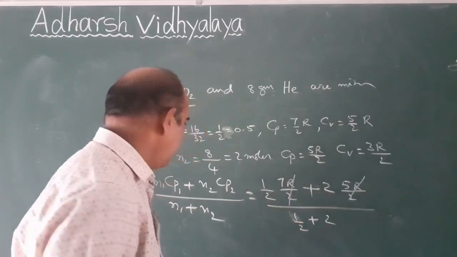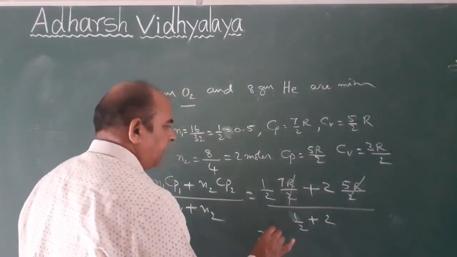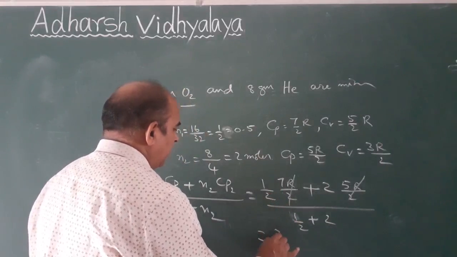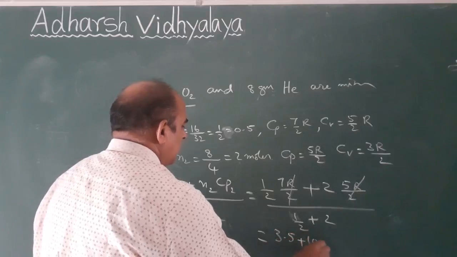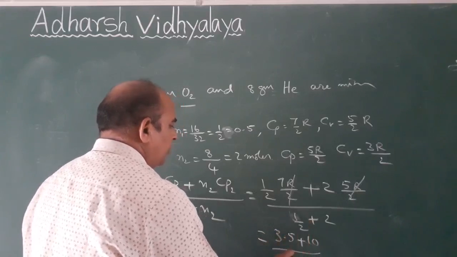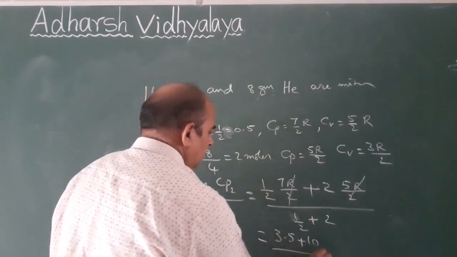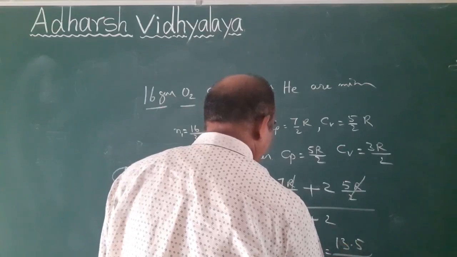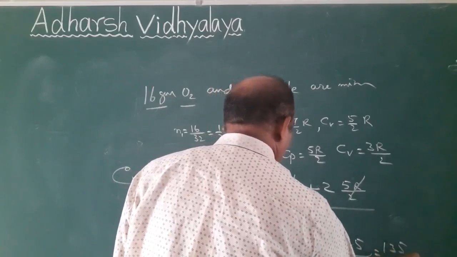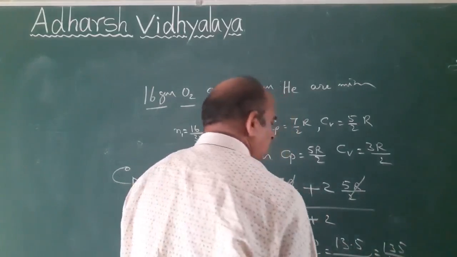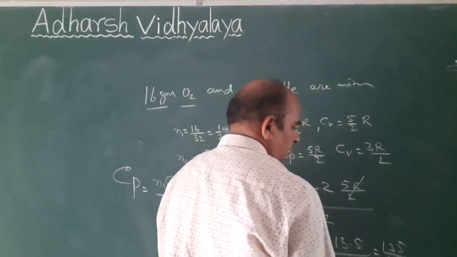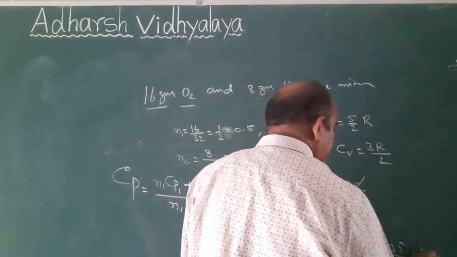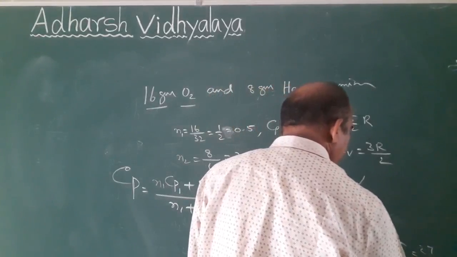So here we are getting 7 by 2, so 3.5 plus 10, divided by 2.5. So that is equal to 13.5 divided by 2.5. So 135 by 25, that is equal to 27 by 5.